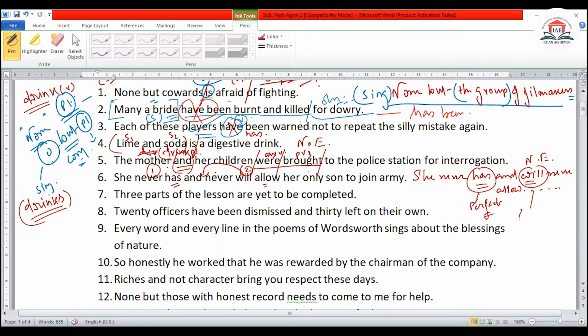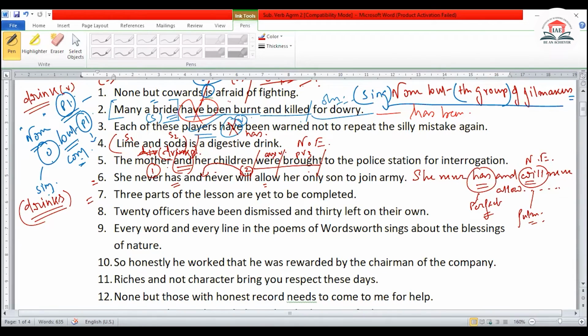Will. That means future. So they should be placed together. She never has and will never allow. Now it is clear. Your questions are full of this kind of things together.